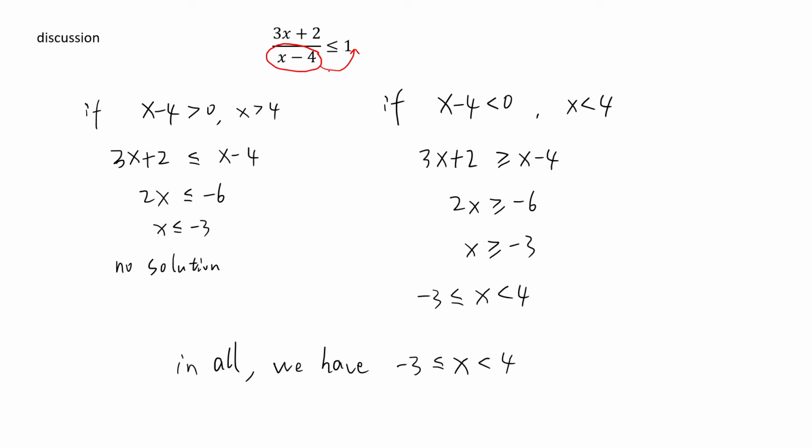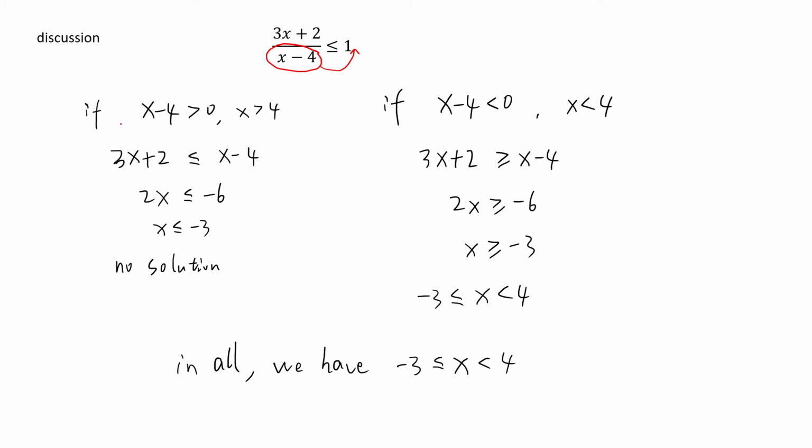But if x minus 4 is positive, when you multiply, the inequality sign will not change. But if it's smaller than 0, when you multiply, the sign will change, right? So we have to do some discussion in this case.